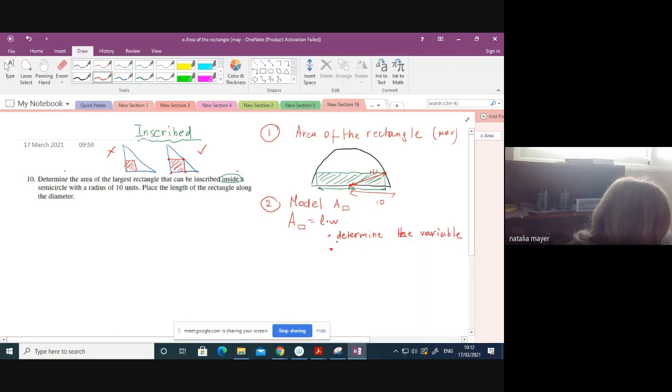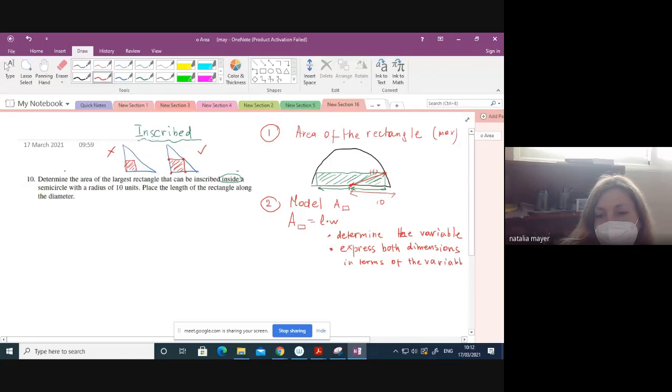Violet, do you agree? Express both dimensions in terms of the variable.